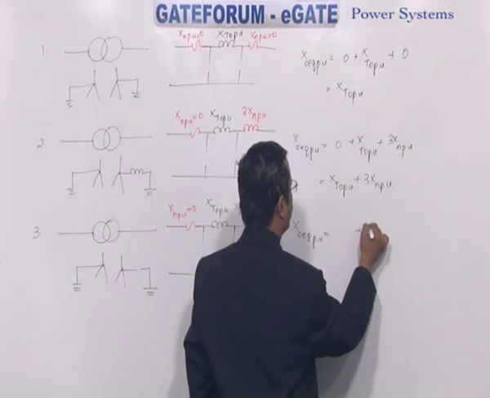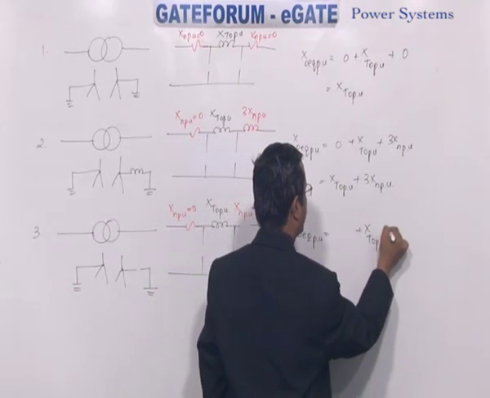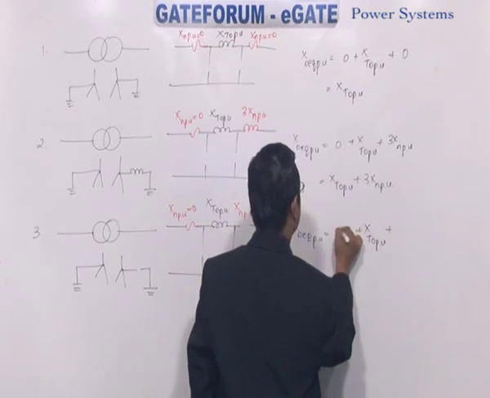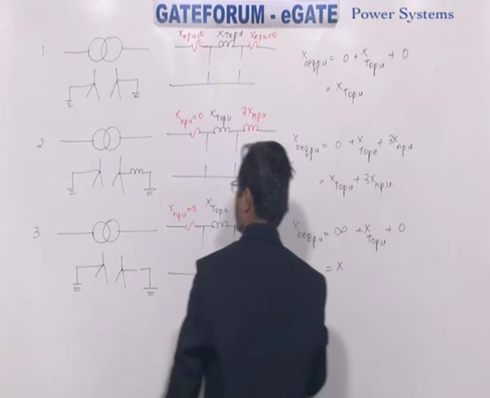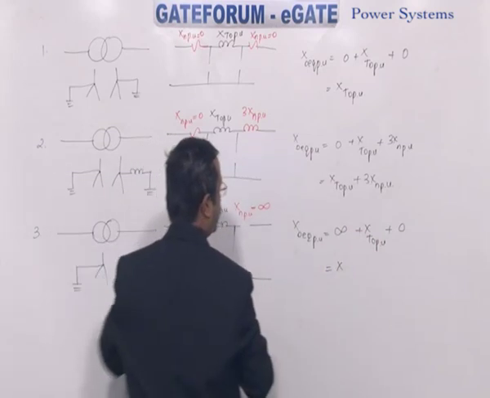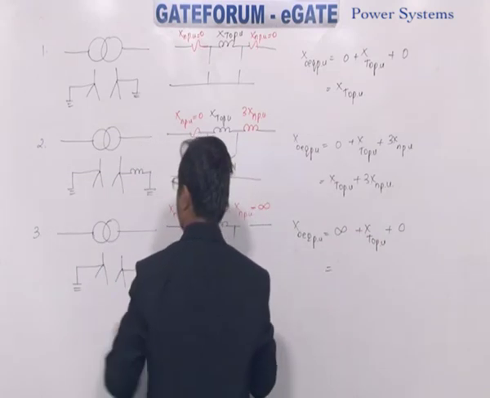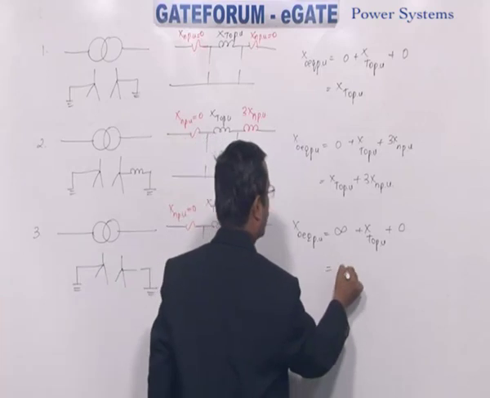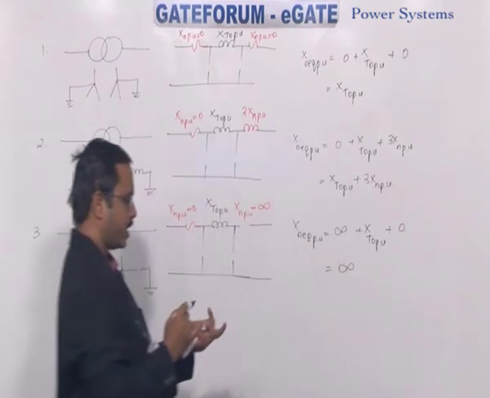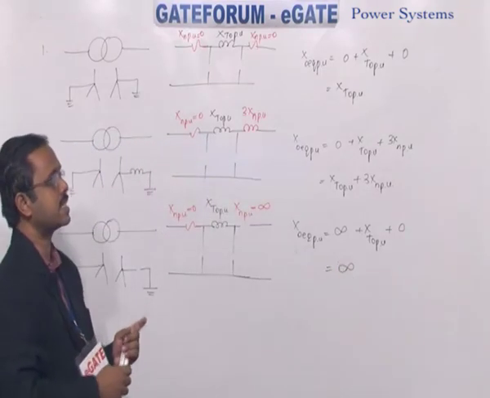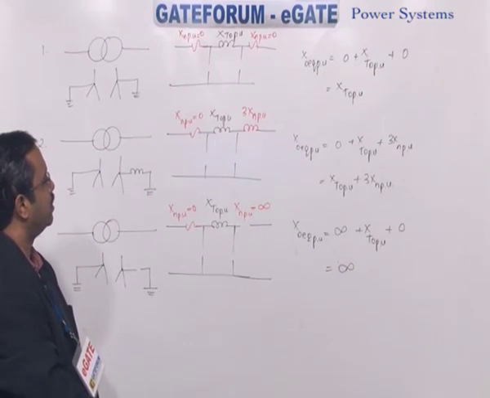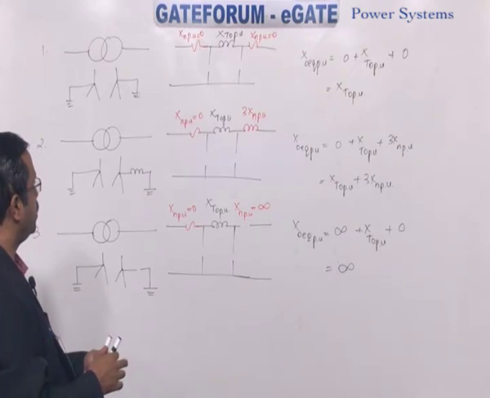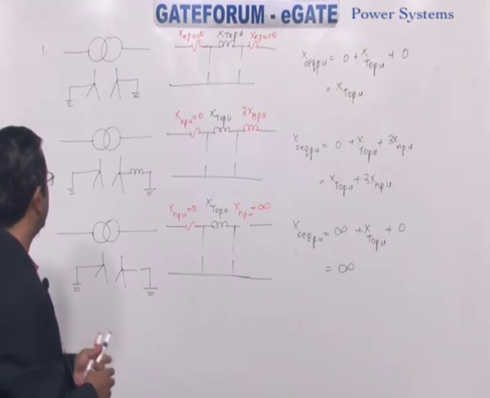By default you travel through XT0 per unit. Then the switches you have operated. So how much do you get? Infinite. So X0 equivalent per unit is infinity. So this is regarding the first three questions.